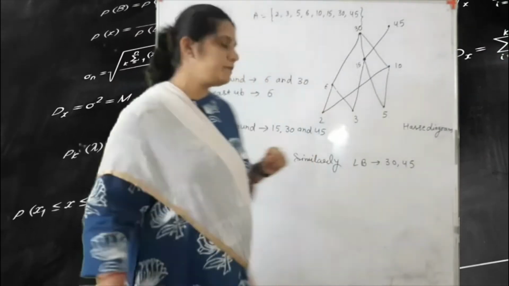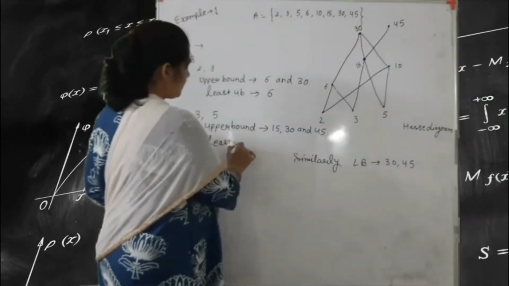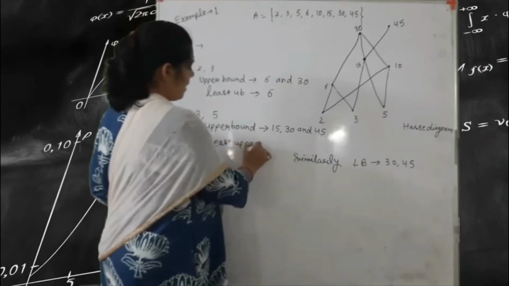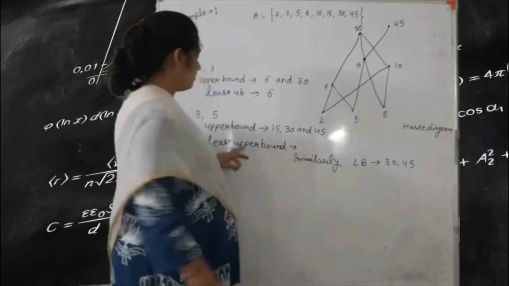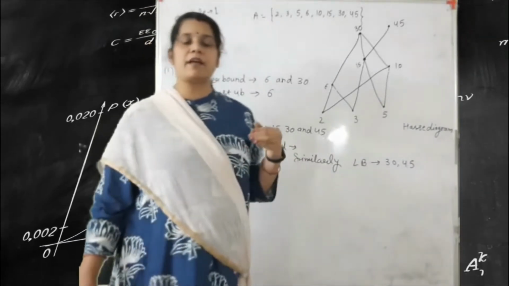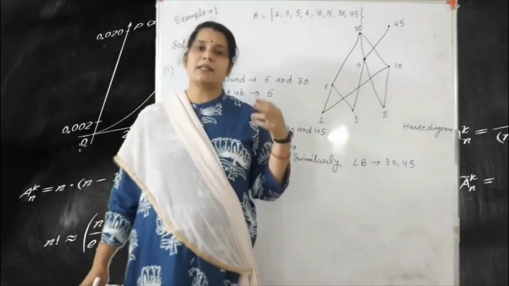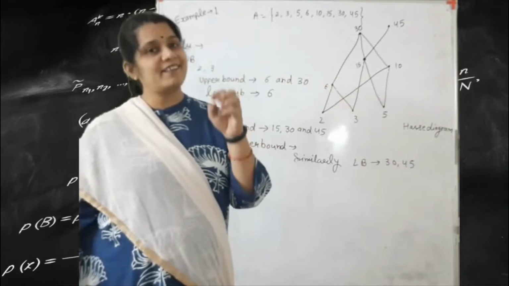So our next step is the least upper bound. So what is the least upper bound of 3 and 5? Always keep in mind, if you find the least upper bound or greatest lower bound, first you write the upper bound and the lower bound.